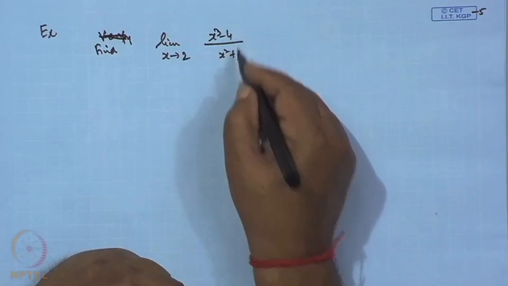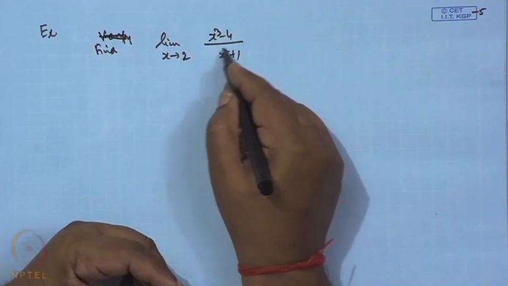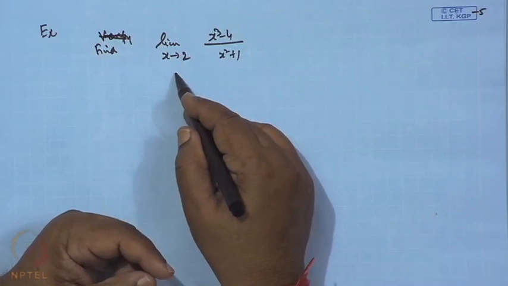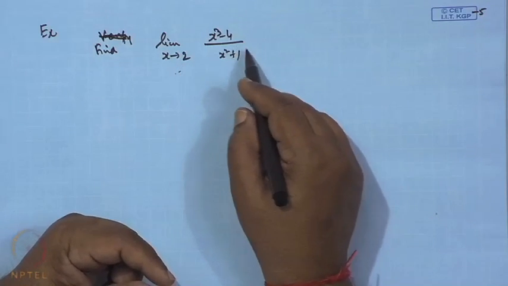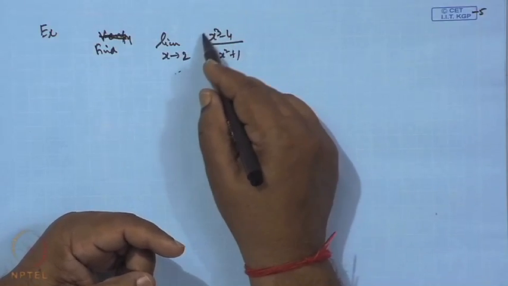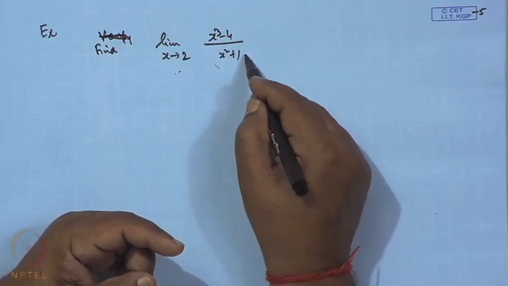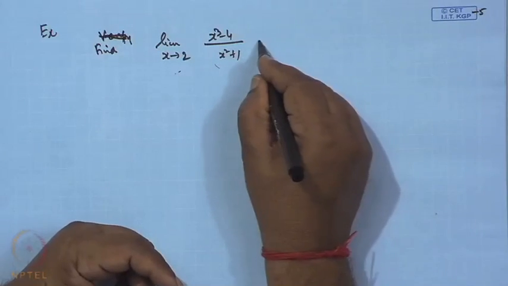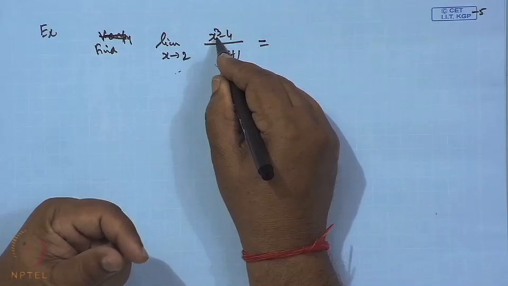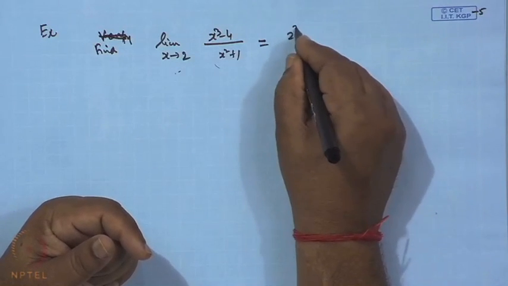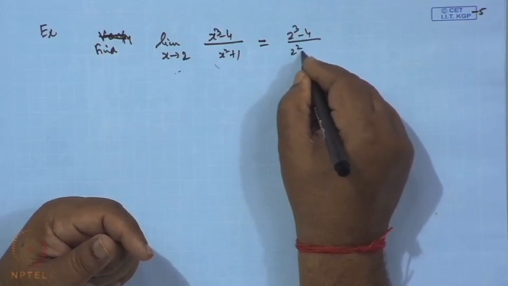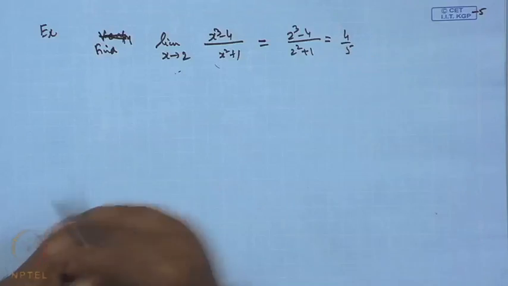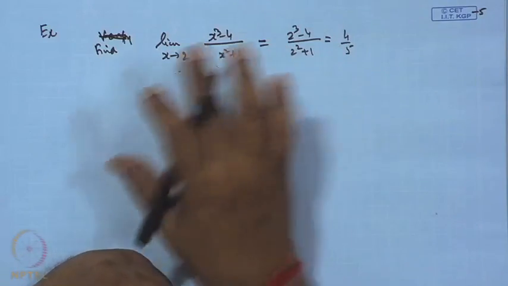Because it is of the form f(x) by h(x), and x square plus 1 is different from 0 in the neighborhood of 2, we can use the result: find the limit of each function and then take the ratio. Substituting x tends to 2, it will go to (2 cube minus 4) over (2 square plus 1), and that comes out to be 4 by 5.